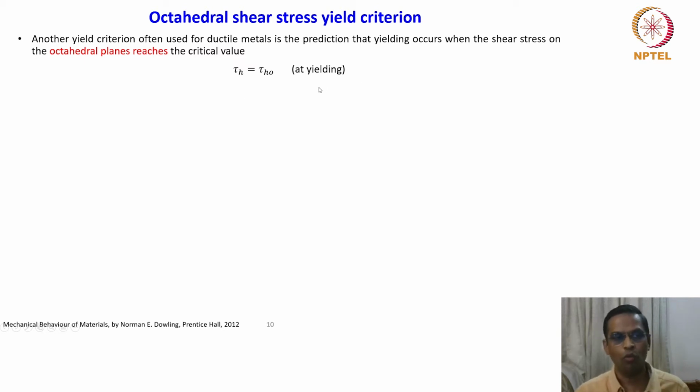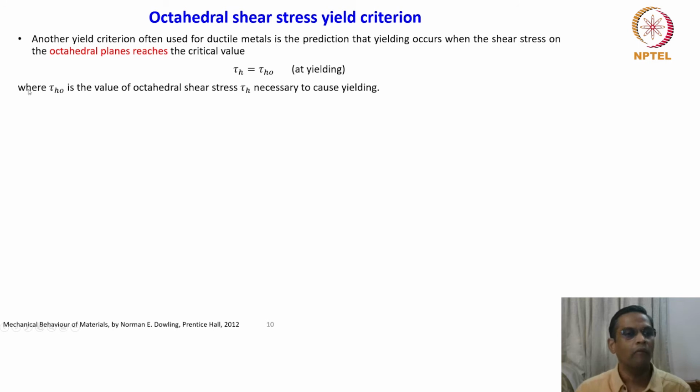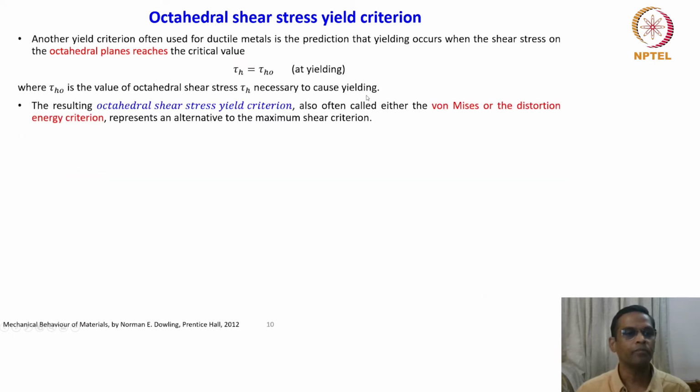So now we have to understand what this octahedral plane is, right? In our crystal system, we will see it in a minute. Here tau h naught is the value of octahedral shear stress tau h necessary to cause yielding.